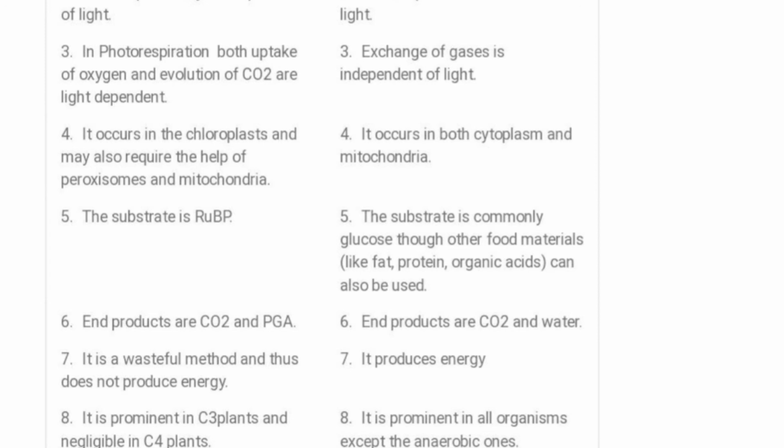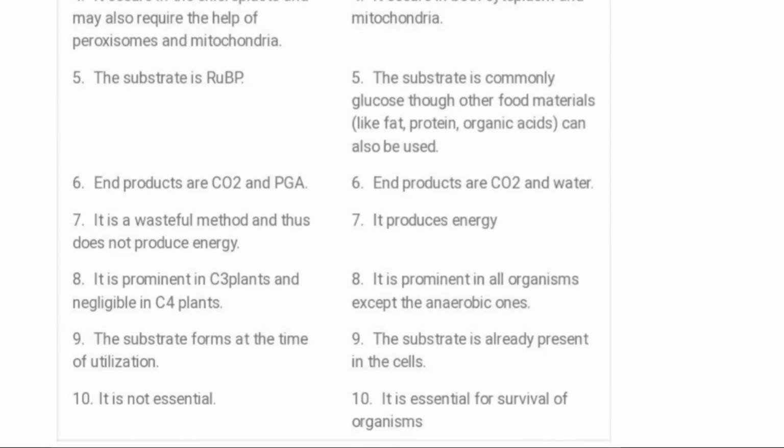It is removed, and it is not going to produce any energy. That is why it is called a wasteful method. On the other hand, dark respiration is useful, because here the process produces energy, using protein, organic acid, fat, and carbohydrates. Clear? Okay.